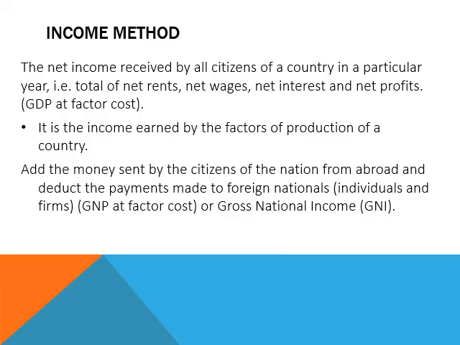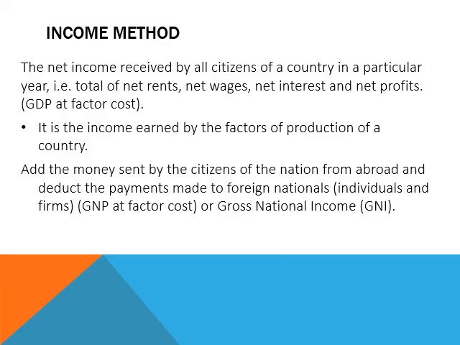Rent for land, wage for labor, interest for capital, profit for management. So the payback of land is rent, the payback of labor is wage, the payback of capital is interest, the payback of management is profit.